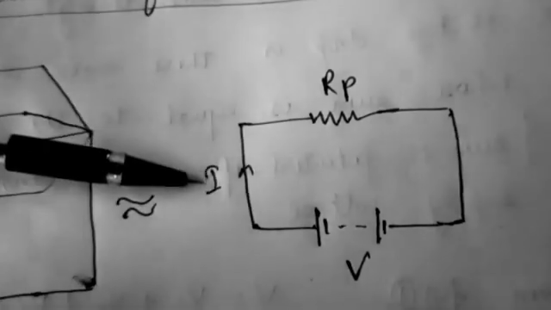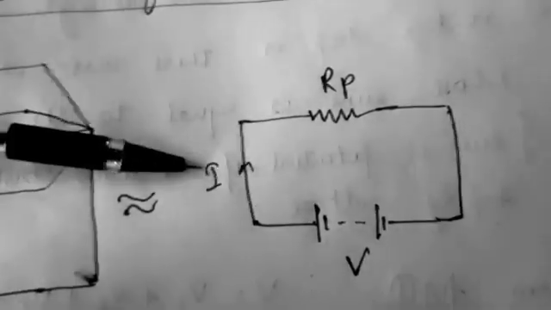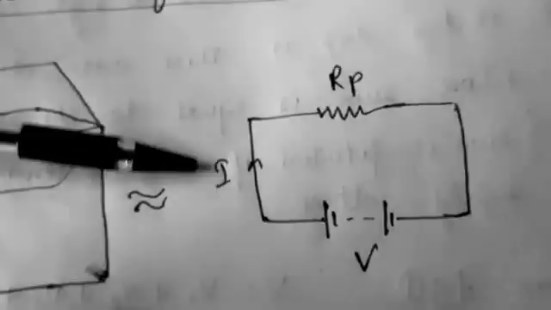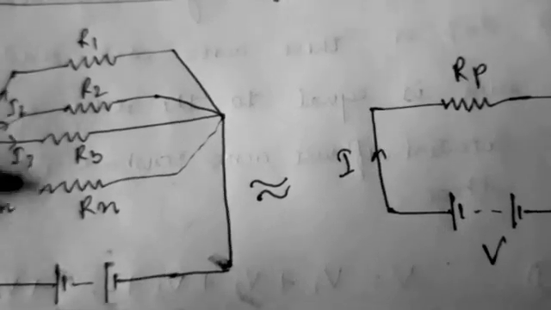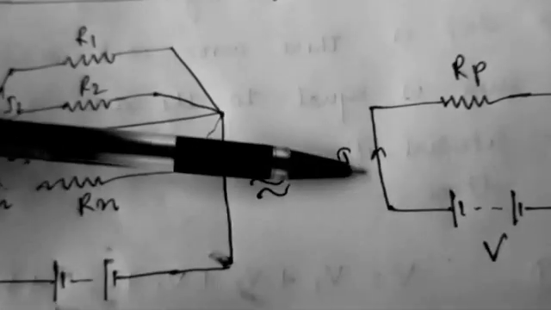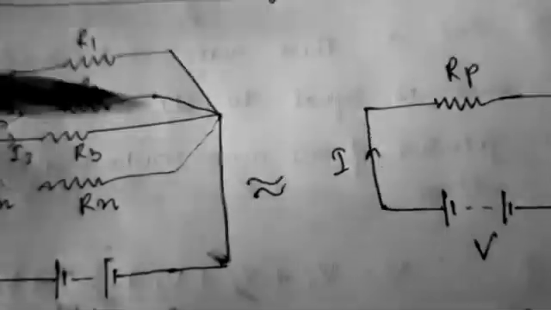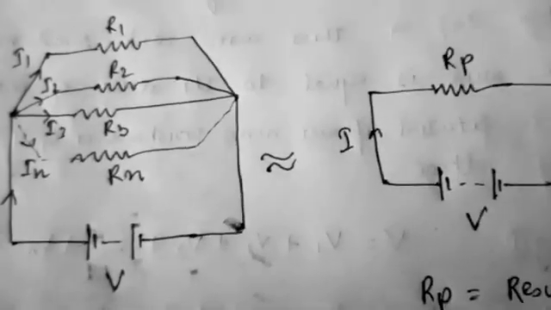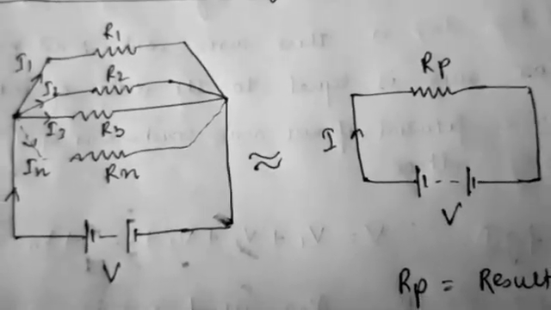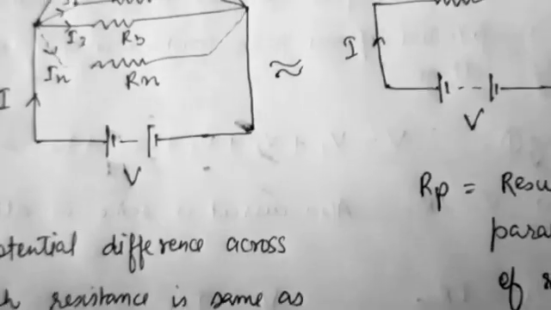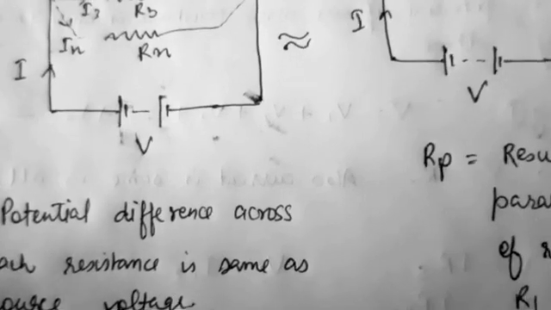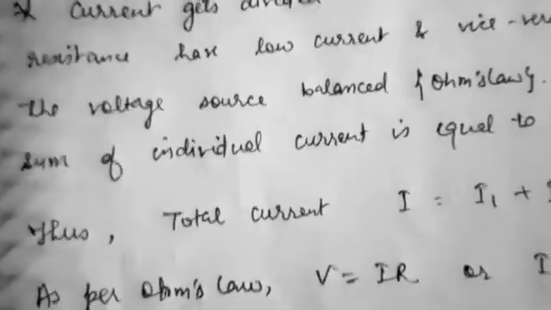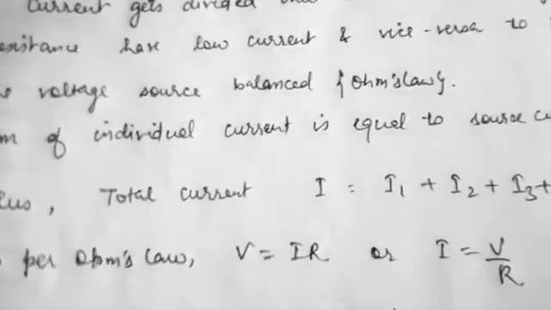Once we get the net current, we can also find the various currents flowing through these branches, and the sum of these currents will be equal to the supply current I, or the source current I. So in this parallel combination, the potential difference across each resistance is the same as the supply voltage, and the current gets divided into each resistance.